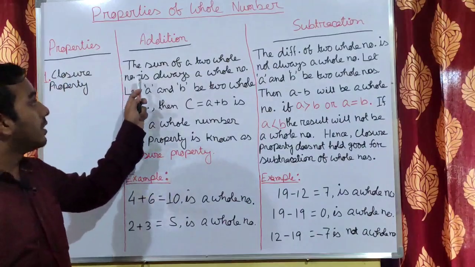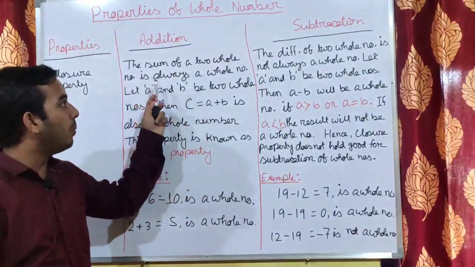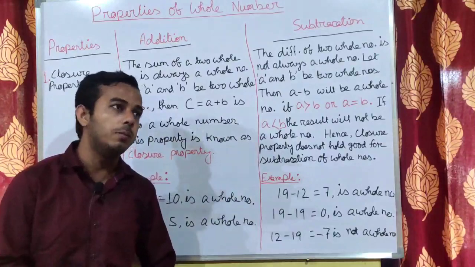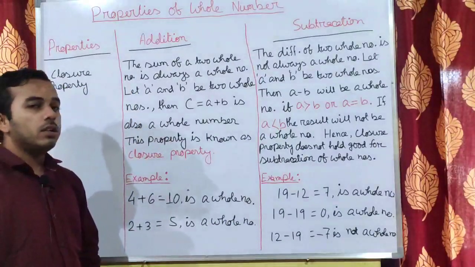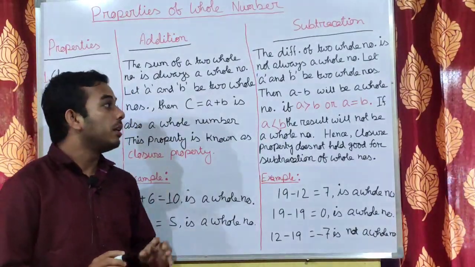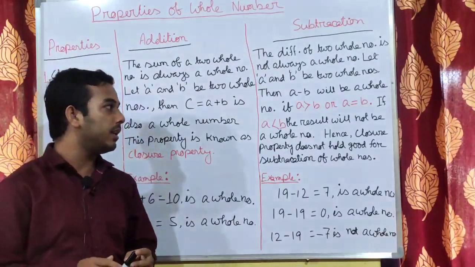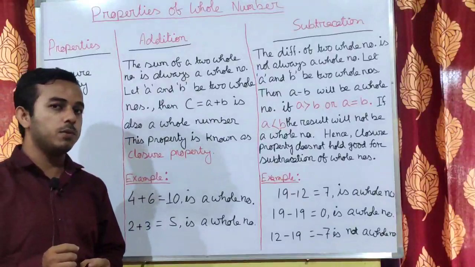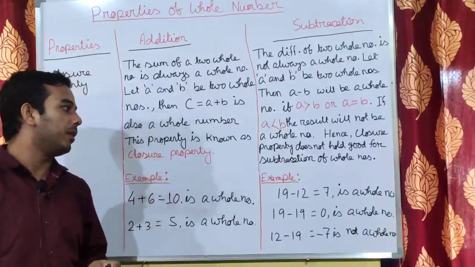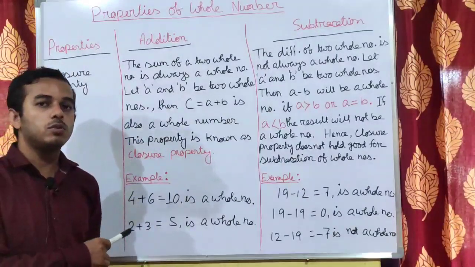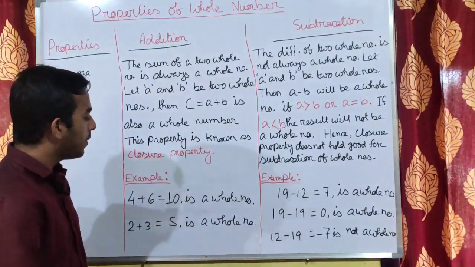So the sum of two whole numbers is always a whole number. Up to this, clear? Now let a and b be two whole numbers, then c equals a plus b is also a whole number. This property is known as closure property.